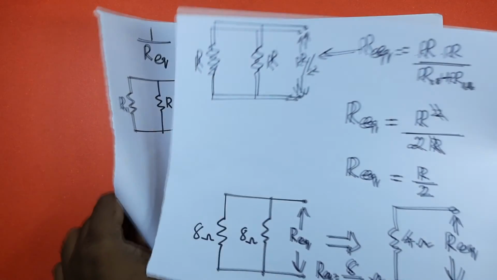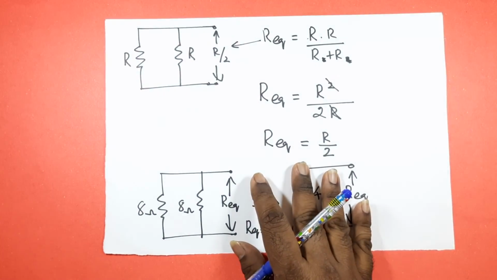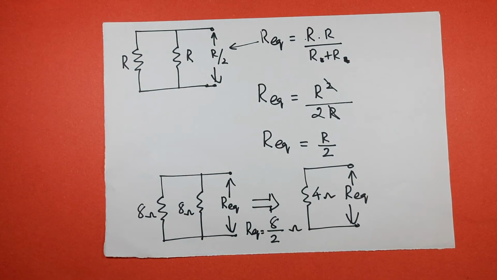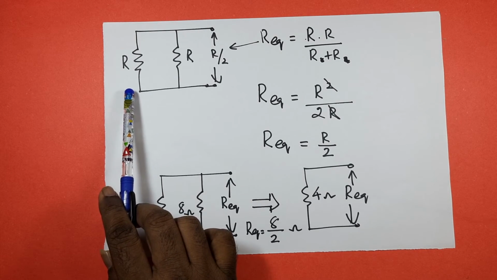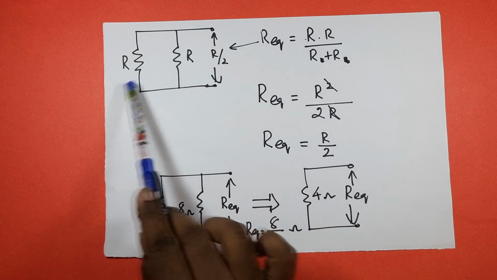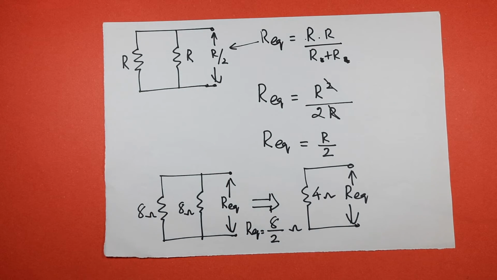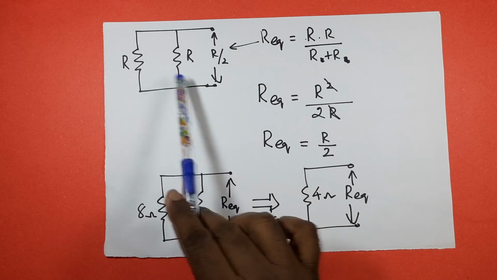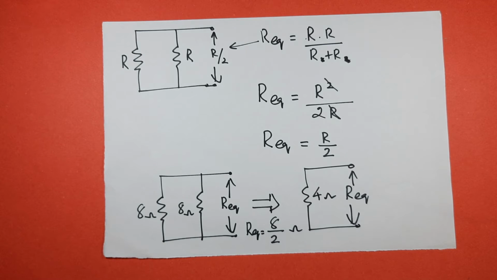Sometimes this will come up. Then you can quickly find the equivalent resistance. It is nothing but one half of the resistance.